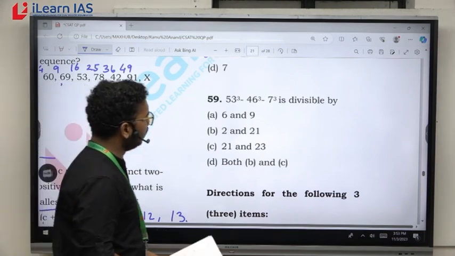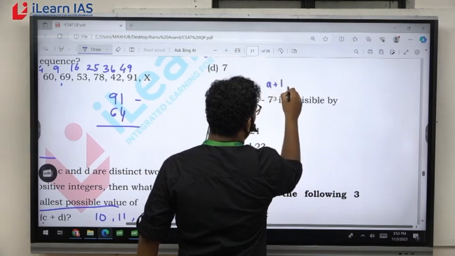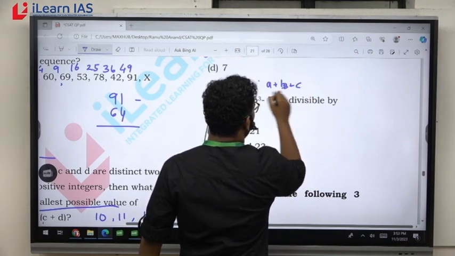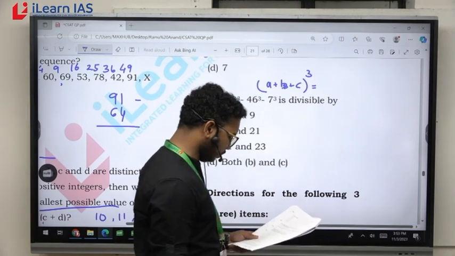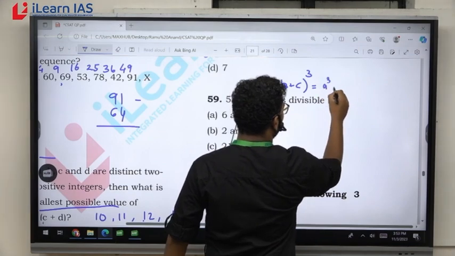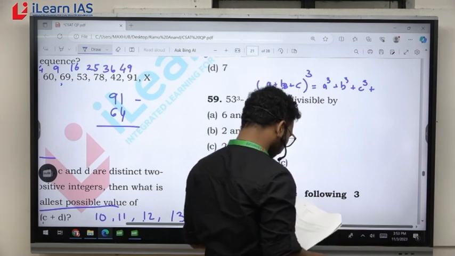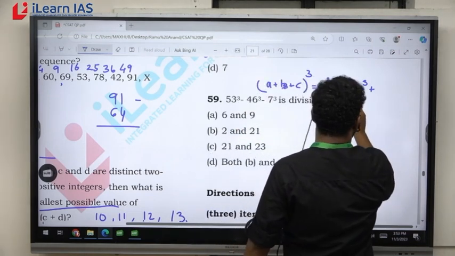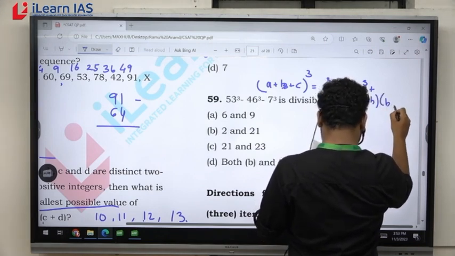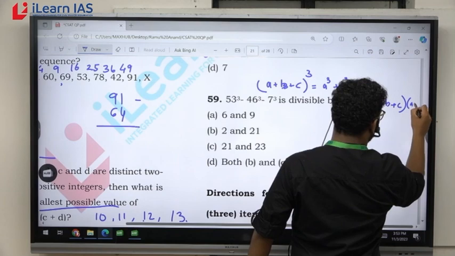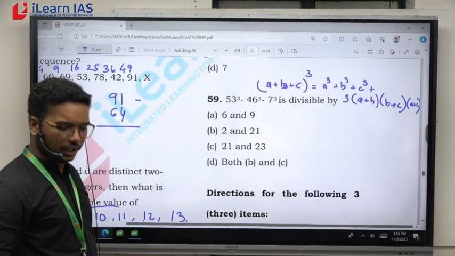See, ഇവിടെ നമ്മൾ we are using a formula that is a plus b plus c the whole cube. എന്താണ്? a cube plus b cube plus c cube plus 3 into a plus b into b plus c into a plus c. ഇനി എന്താ ചെയ്യുക?